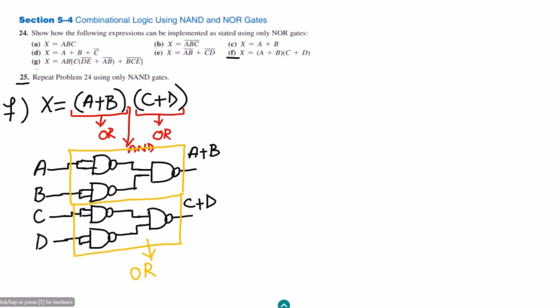So the two inputs A plus B and C plus D are obtained from these combinations.